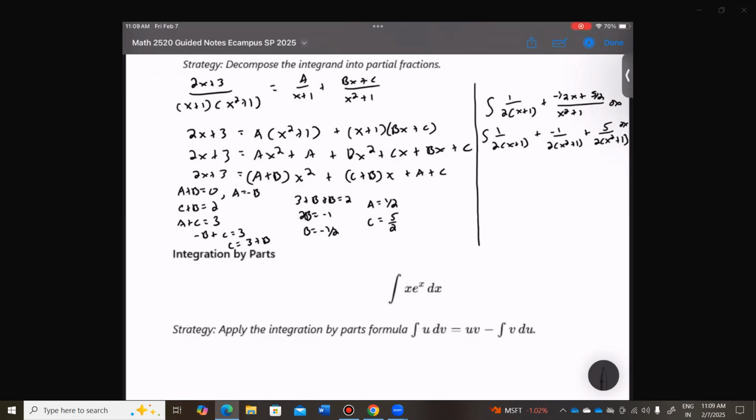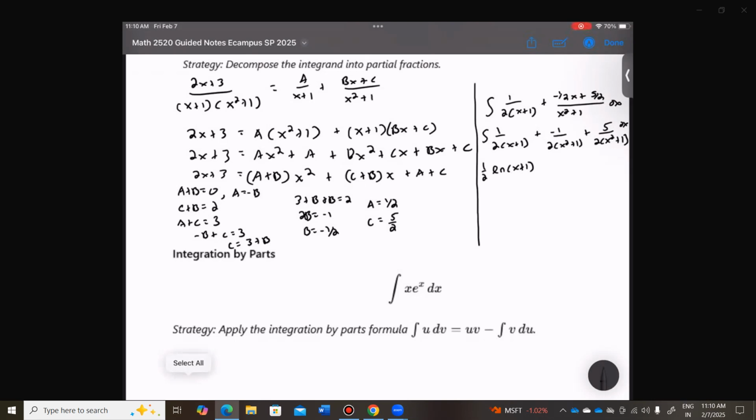Right. And then each of these, we'll have to find a different way to solve. So the first one is just going to be 1/2 natural log of x plus 1. That's the easiest one.